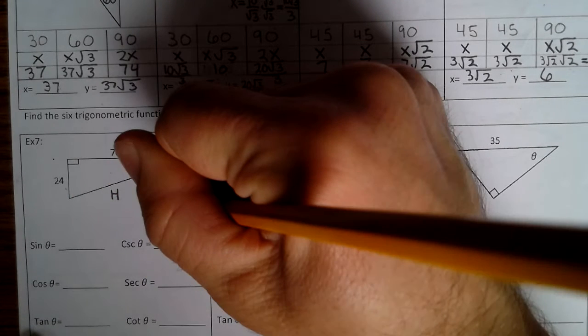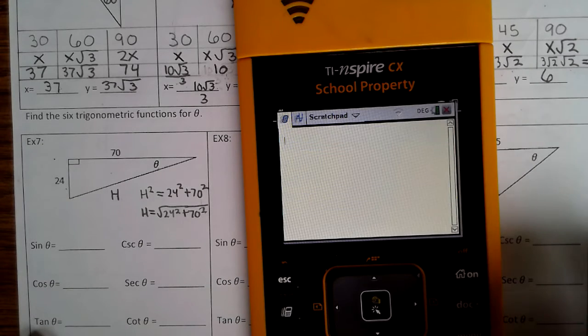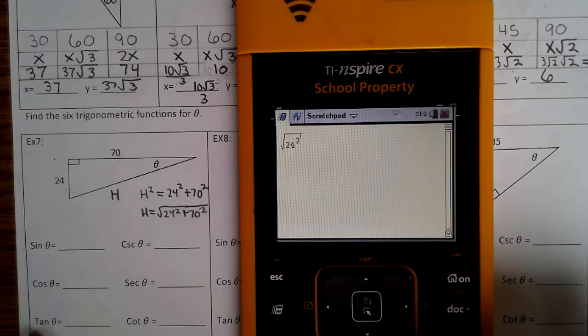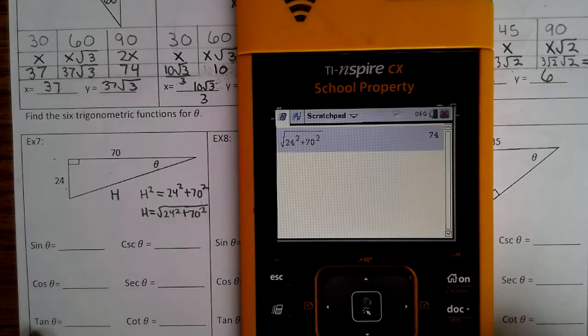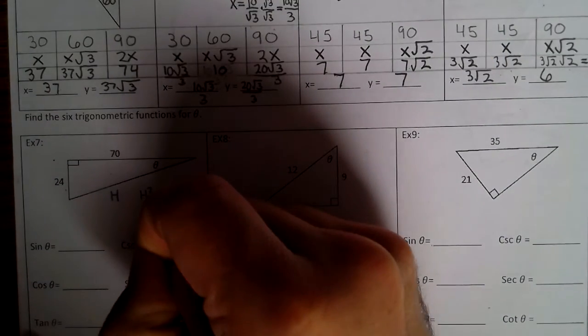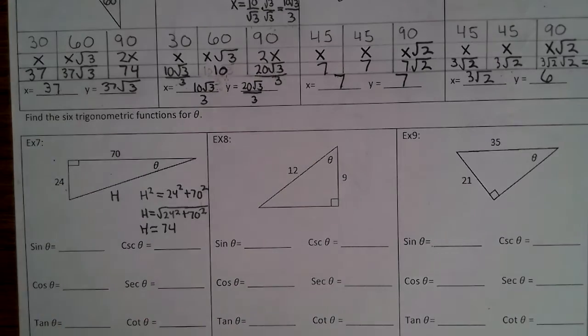So, control square root 24 squared plus 70 squared is 74. So your h value is 74. Okay, so if h is 74, then sine is opposite over hypotenuse.